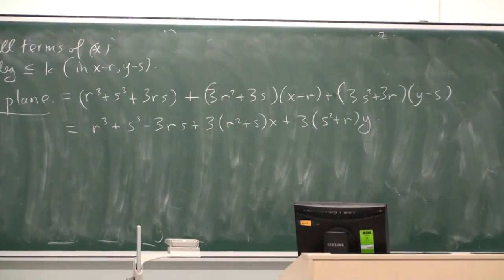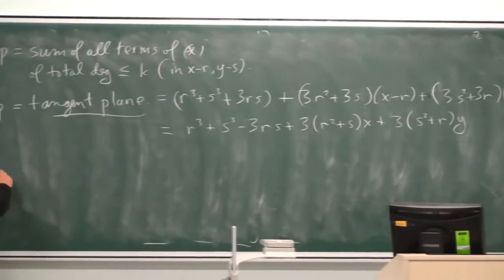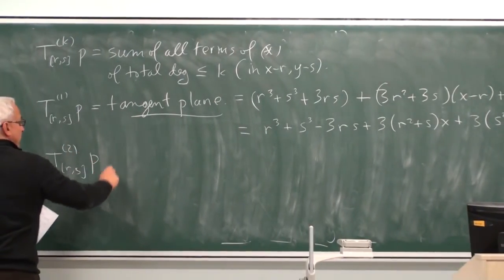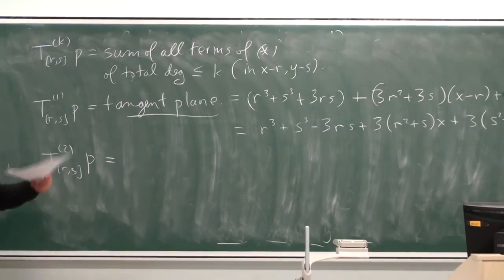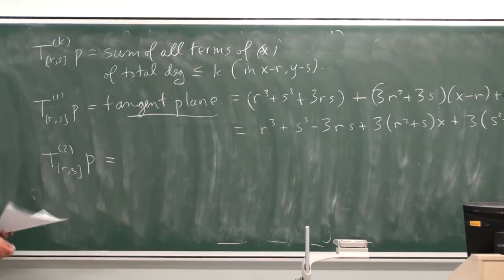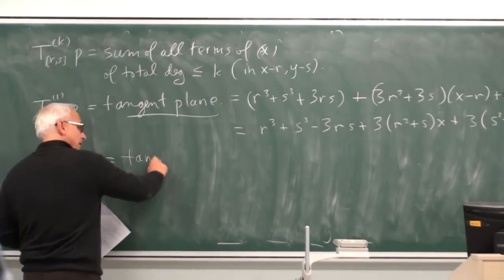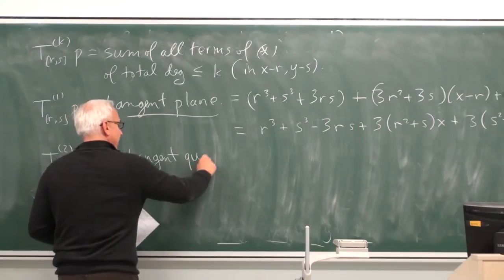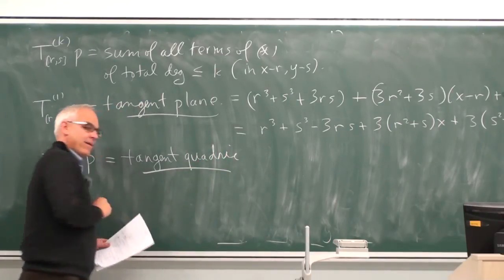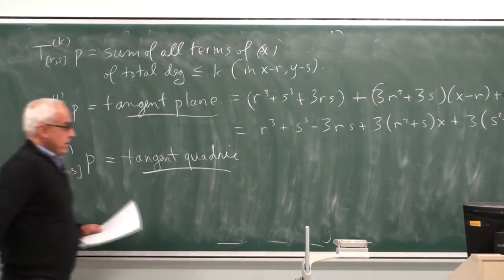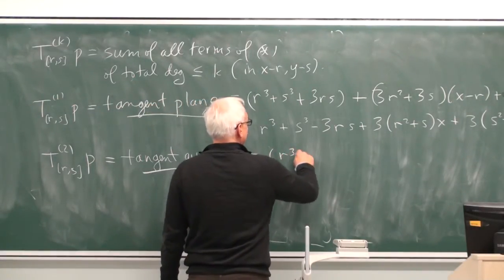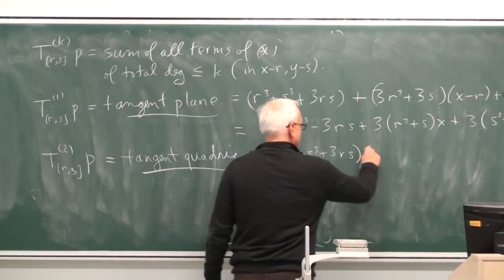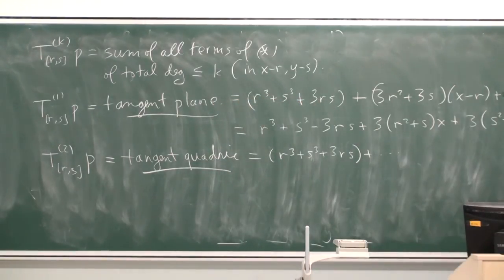And then the degree 2 or less terms, well, that's going to be the tangent conic, or the one dimension up from a tangent conic, so the tangent quadratic. Well, I'm not going to write it all out. It's the sum starting with r cubed plus s cubed plus 3rs, and then you just keep adding all the terms up to, well, up to here.